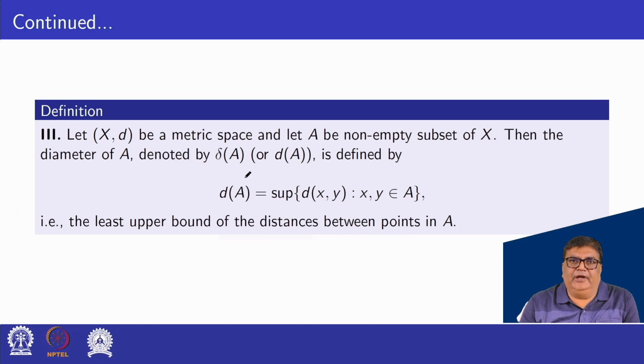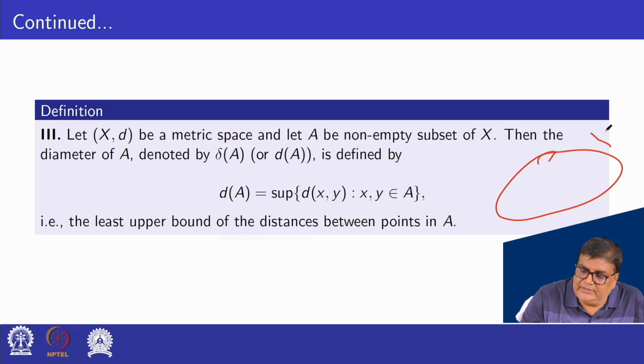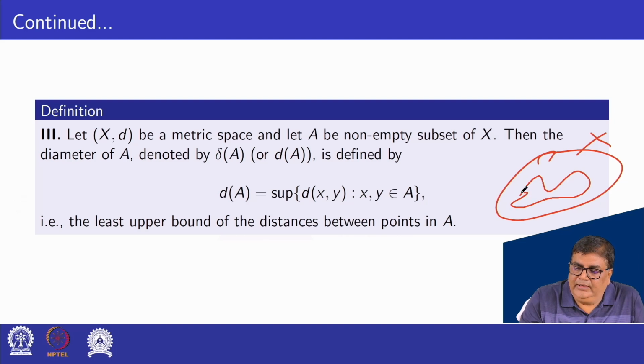It is defined by d(A) is equal to the supremum of d(x,y), x, y belonging to A, that is the least upper bound of the distances between points in A. Let X be a metric space and A be a subset of X, then suppose a point x in A and another point y.